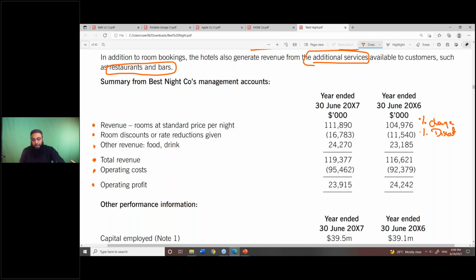Now, this is how I'm selecting the ratios, and this is what we normally do. Almost for every item, we work out percentage change, whether that relates to cost or revenue. Percentage change for food and drink. I hope you are understanding the way of selection. Percentage change for total revenue, because very much information is concentrated towards revenue here.